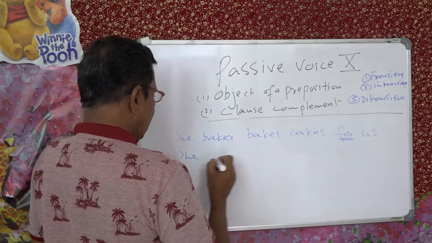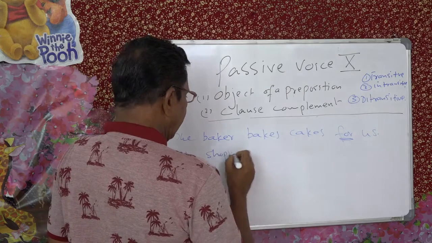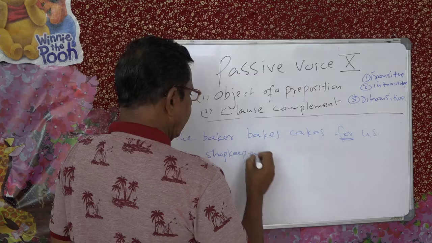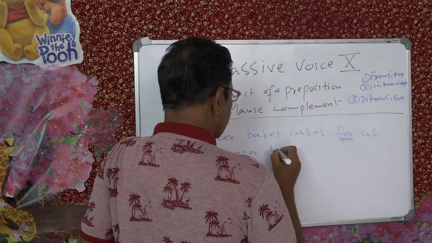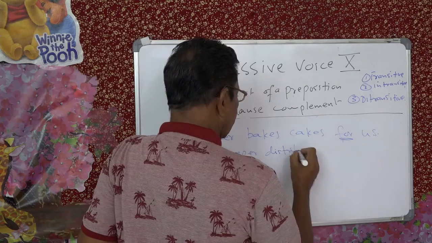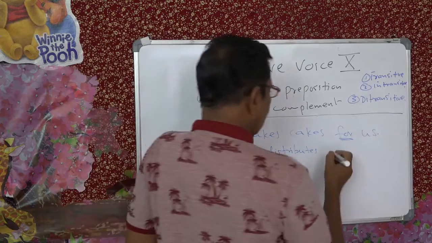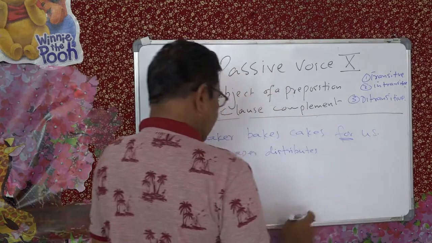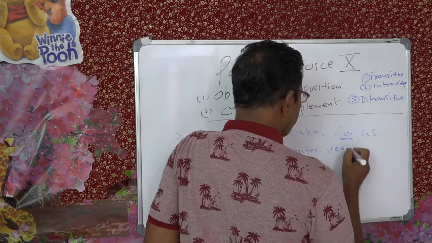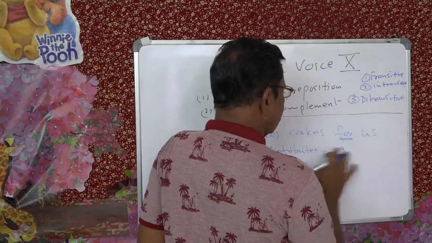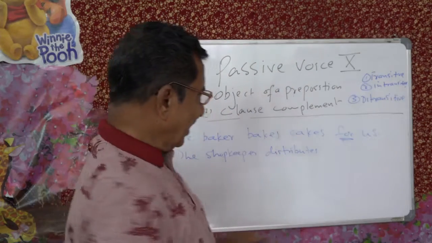Now there is another one. The shopkeeper distributes goods. The shopkeeper distributes vegetables. Okay, let's say not distributes, because he is not a charitable man. That he should do. He sells.